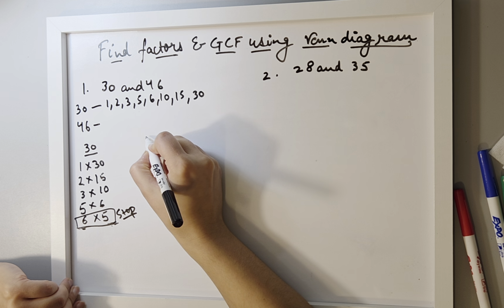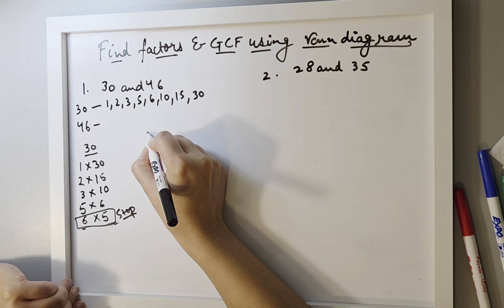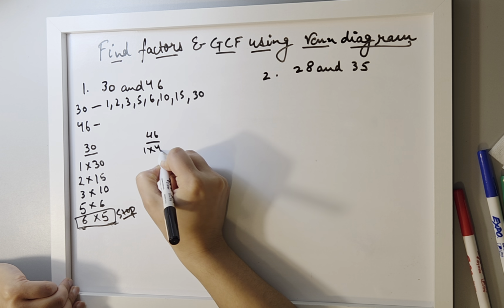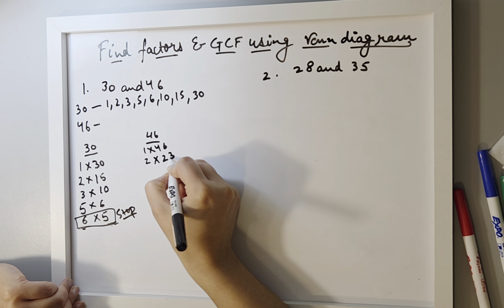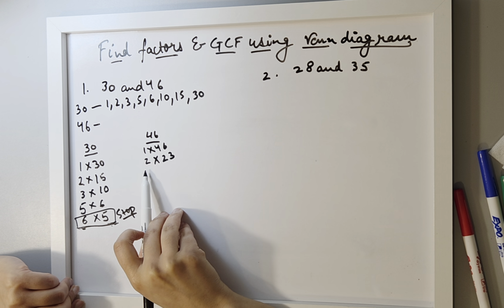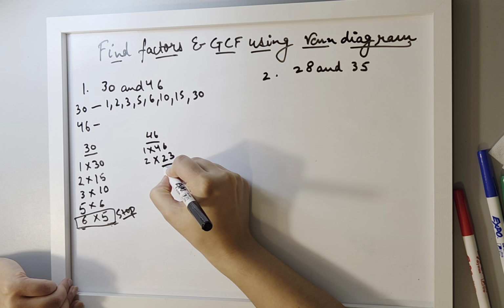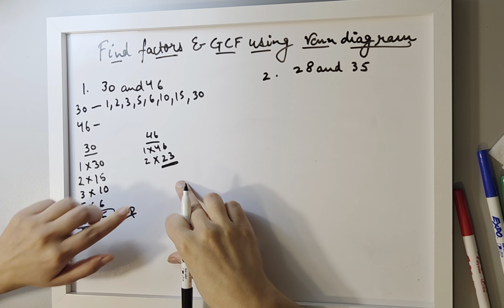Now 46, we can do a similar thing for 46. So 1 into 46, then 2 into 23. Okay, now we should be trying with more numbers, but if we see, 23 is a prime number. So what does it mean?